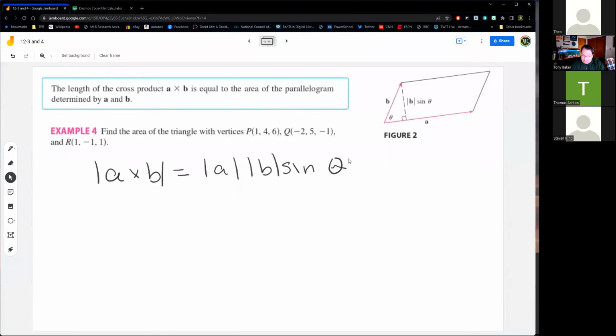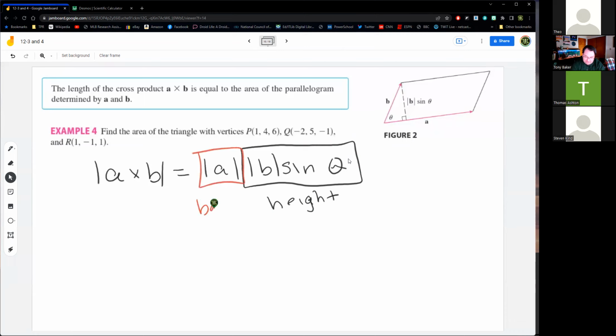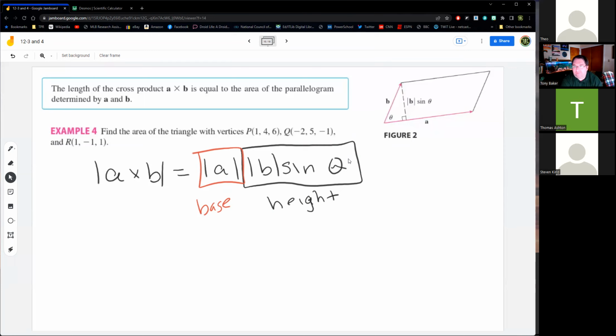So if we look at this parallelogram right here, this part is the height, and that part right there is the base. So the cross product of two vectors is going to give me the area of the parallelogram.